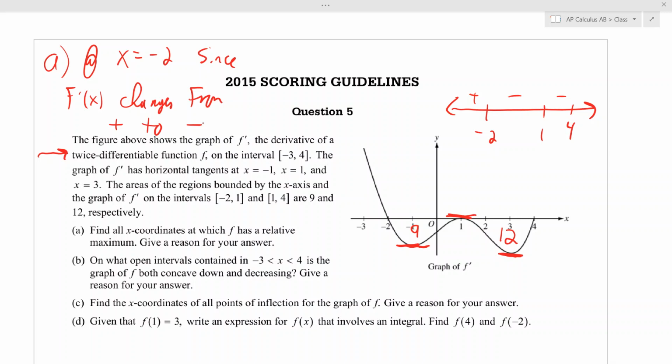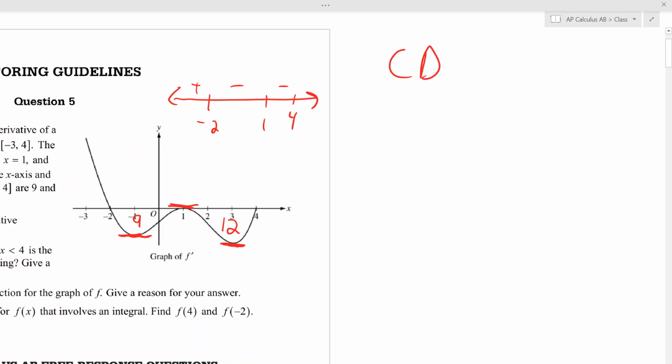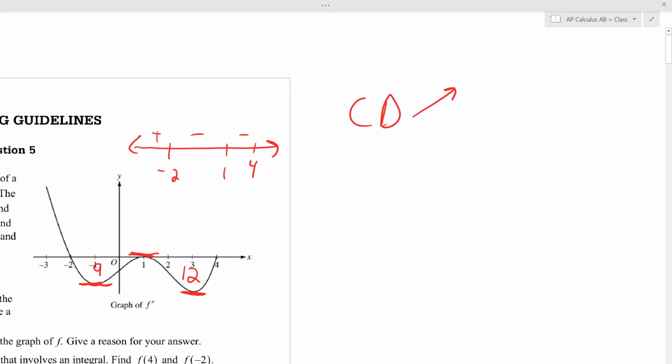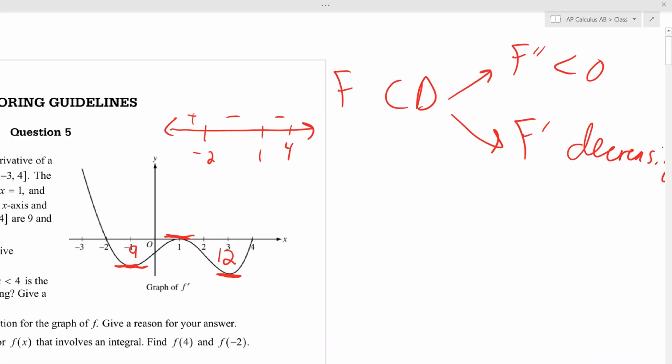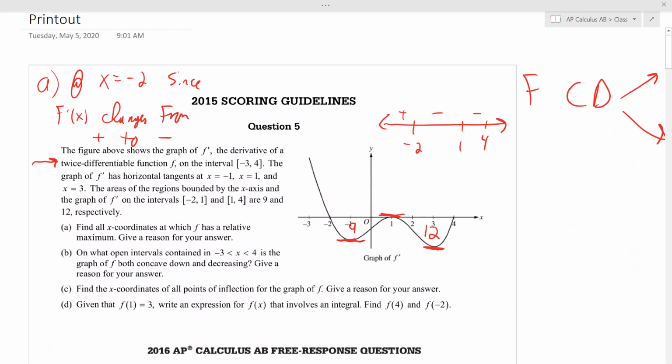It's different than this. So B says, where is f both concave down and decreasing? Remember our rule. To be concave down, f double prime is negative, or f prime is decreasing. It's the same thing. Cool. So we need f prime to be decreasing because they want concave down, and we want f prime to be negative because they want f to be decreasing.